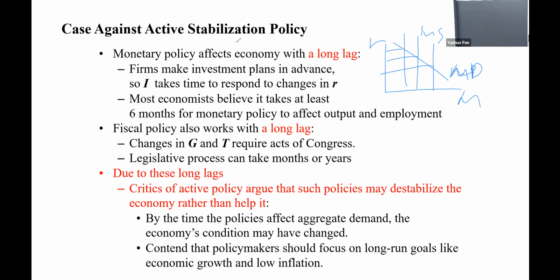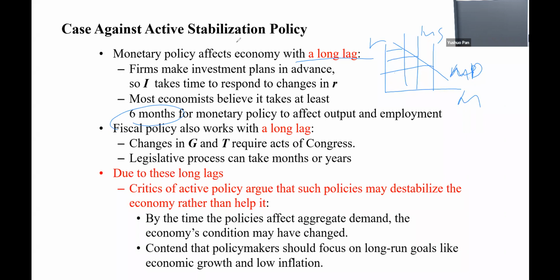But for investment, it takes time to respond to the change in R, which means when the Fed changes R and changes I, that is going to take a longer time than what people think. Most economists believe that it takes at least 6 months for monetary policy to affect output and employment. So that's a long lag.